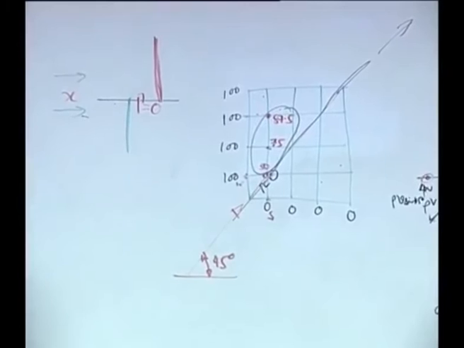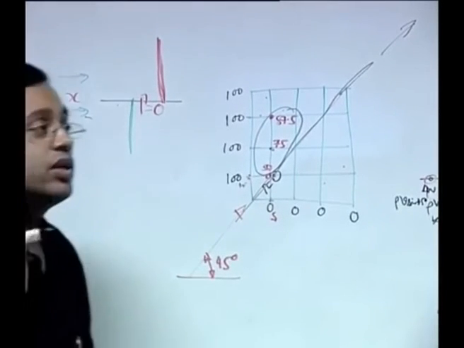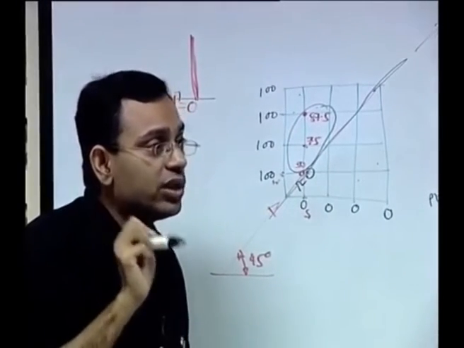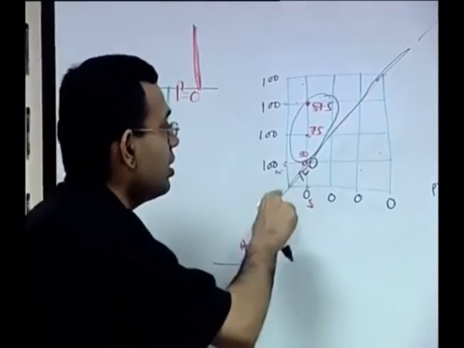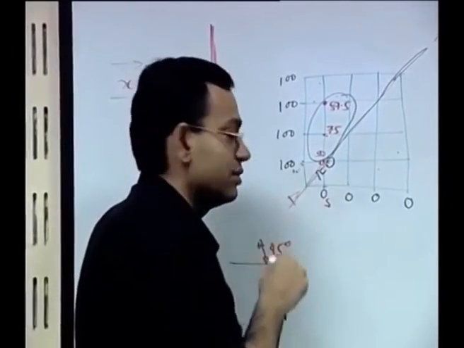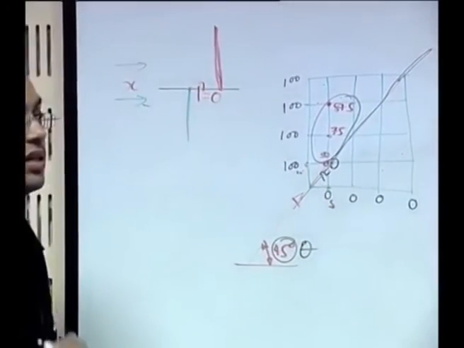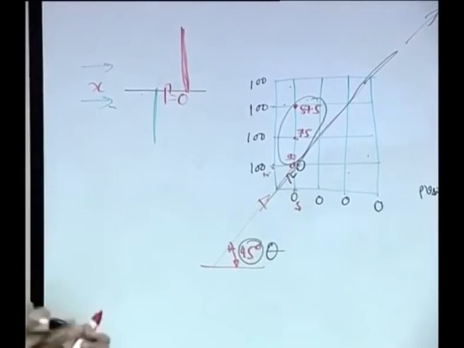So what we can infer out of this is that the false diffusion can be attributed not to the particular scheme as such, but to the misorientation of the grid lines with the flow direction. So this angle theta is the contributor to the false diffusion. That is the correct viewpoint of false diffusion.